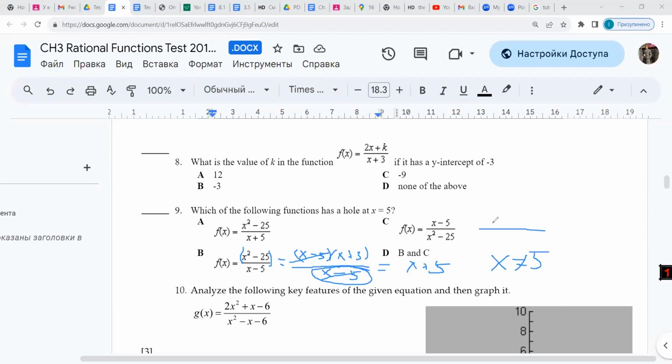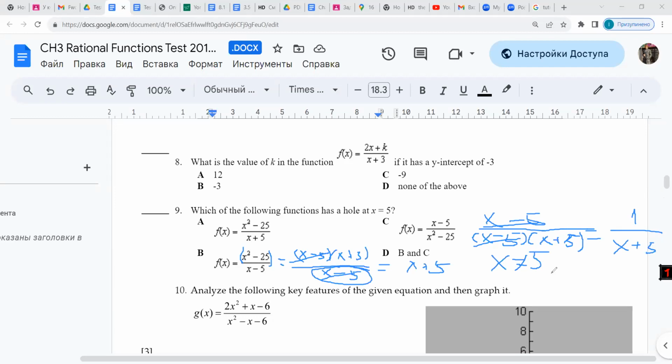As well as for example C, you can see the same dependency. You're going to expand the difference of squares, and you're going to see that x plus 5 and x minus 5 will cross out, leaving 1 over x plus 5.